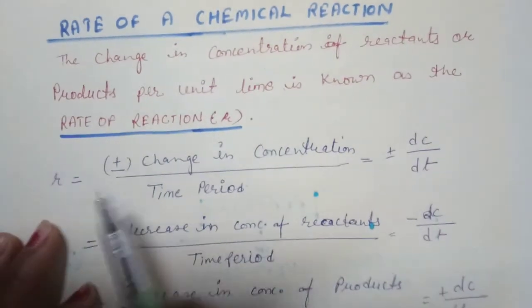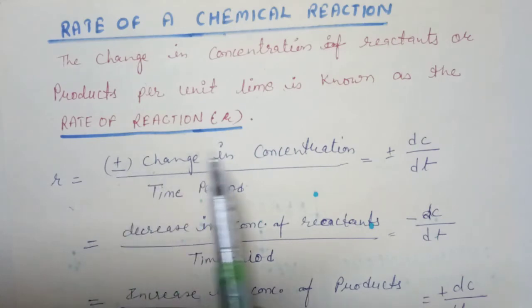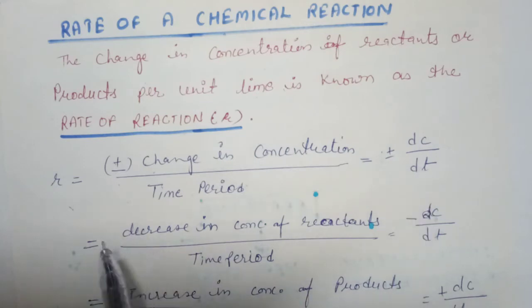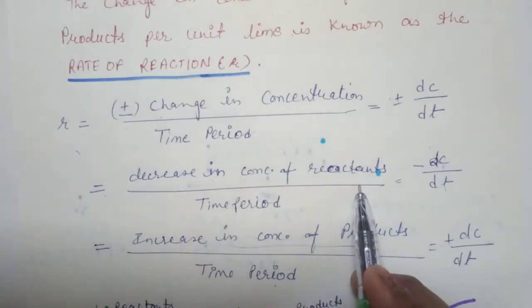So see, rate is equal to plus or minus, meaning increase or decrease, the change in concentration per unit time, dC upon dt. We can say decrease in concentration of reactant upon time period means minus dC upon dt, or increase in the concentration of product upon time period means plus dC upon dt. It is according to product and it is according to reactant.